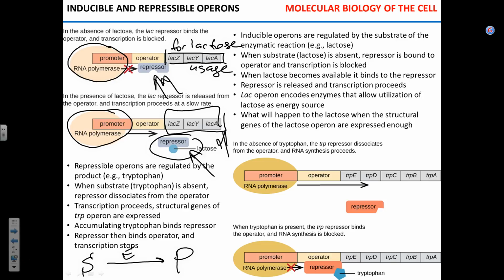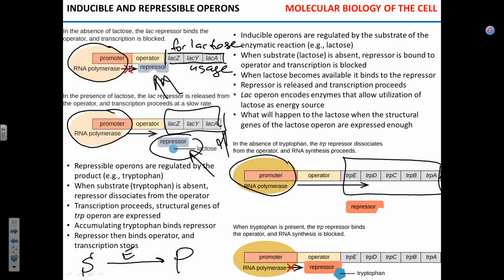Does that make sense? Now, repressible operons, we're going to discuss them using the tryptophan operon as an example. Tryptophan operon controls the genes that are necessary for the synthesis of the amino acid tryptophan. Normally, repressor is not bound to the operator, and RNA polymerase continues with the expression.